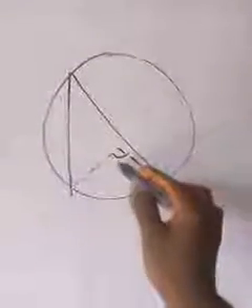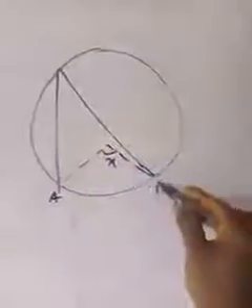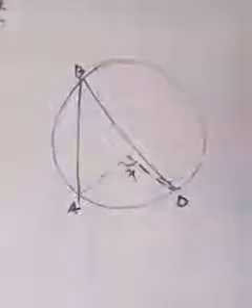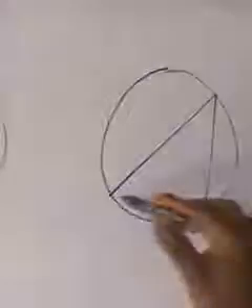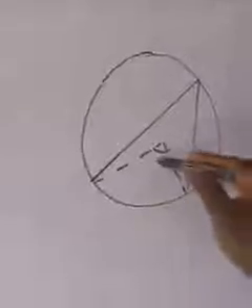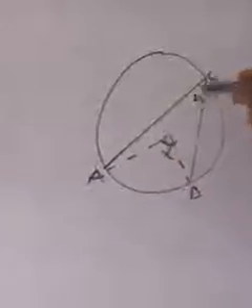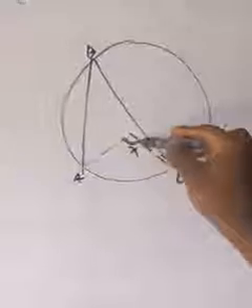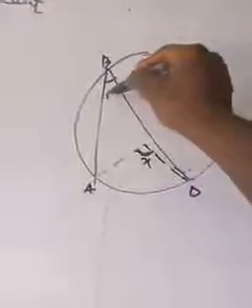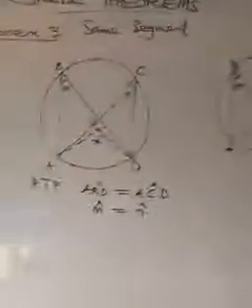This is angle S, this is A, this is D, then this is point B. Then the second one goes this way. So this is S, this is D, this is C, and this is point A. So this is angle at the center that is twice angle at the circumference. This place is N. Also look at it, this is angle at the center that is twice angle at the circumference. This is M. So these two circles that we have here are what we are having inside here.